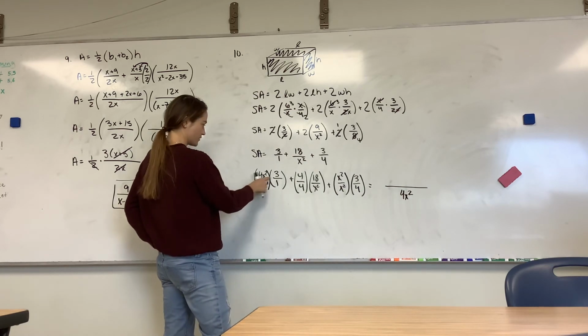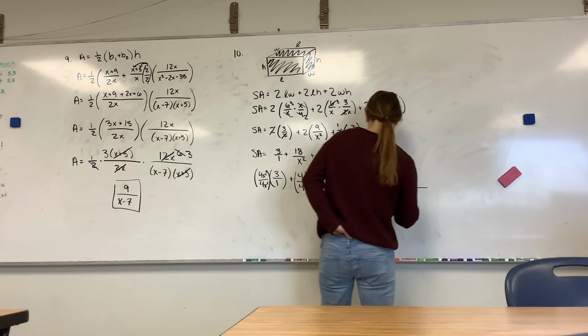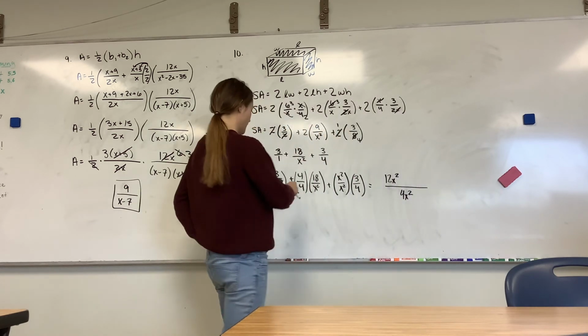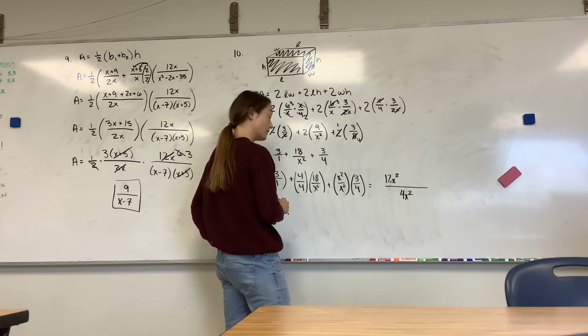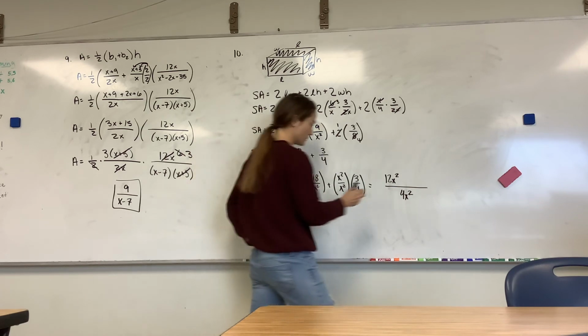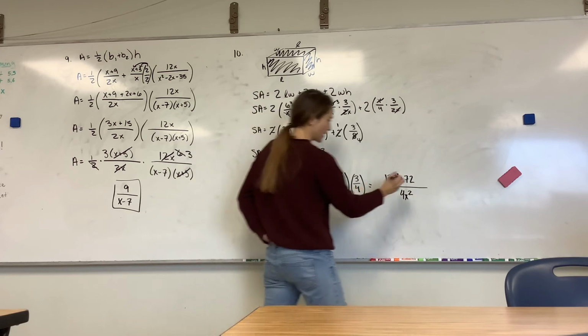Here, I end up with a 12x squared. Oh, darn. 18 times 4. 72 plus 72 plus 3x squared.